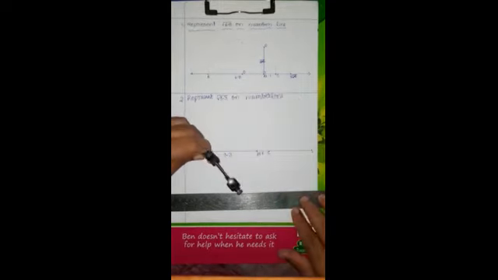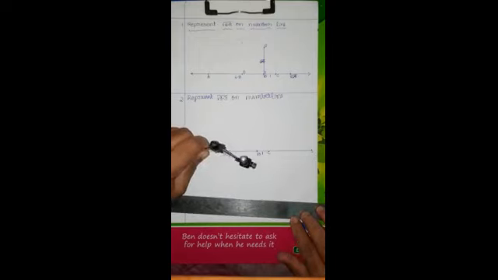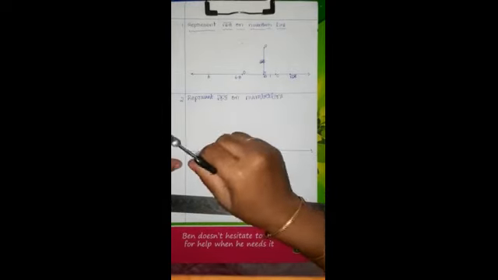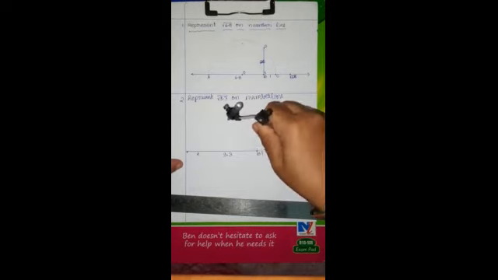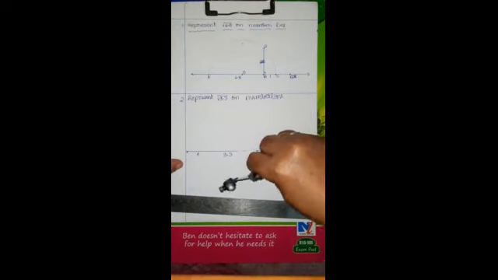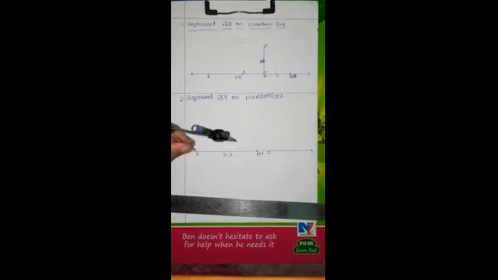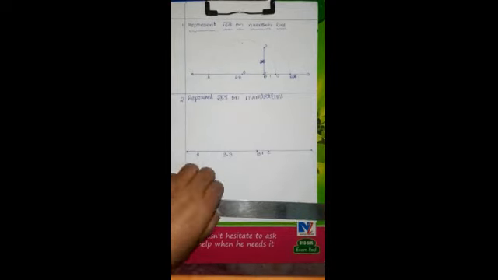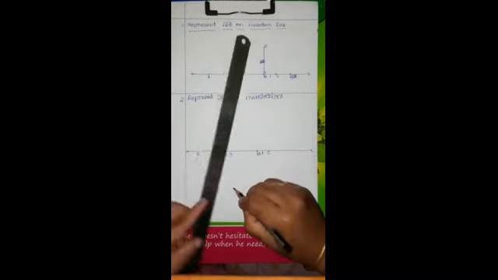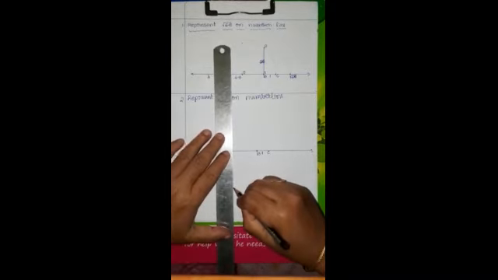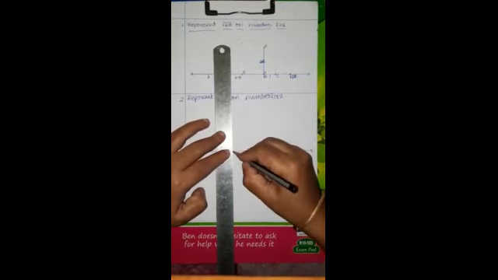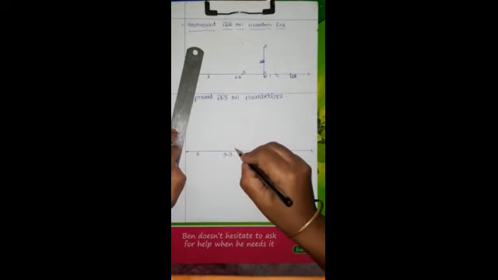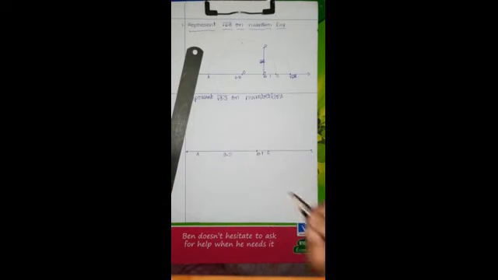Construct or draw two arcs above and below line AC and without changing the radius with the C as the center, take two more arcs, let them intersect at 2 points. Now join them. These 2 points will pass through a point O on number line.